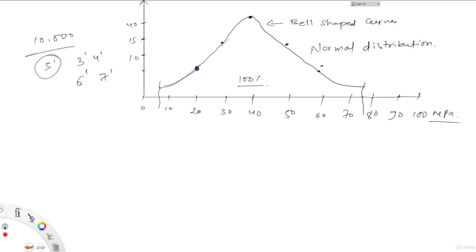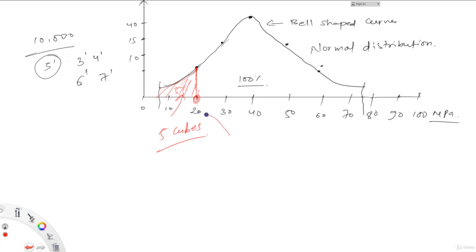From here up to here, let's say that this incorporates 5% of the area, which means that out of the 100 cubes, this area incorporates 5 cubes, or the 5% of the total area. So corresponding to this point over here, this line that incorporates 5% of the area, you get the strength, that is 20 MPa.